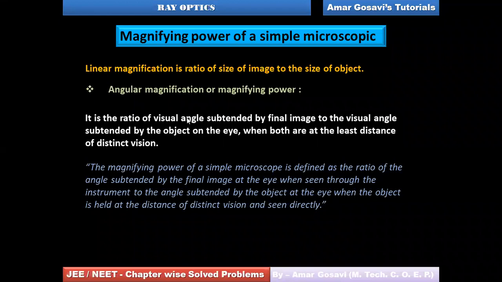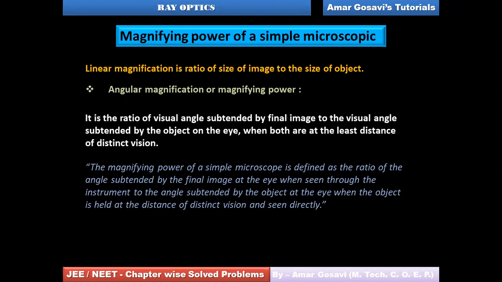Both the final image as well as the object subtend some angle at the eye, and we take the ratio of these angles to get the angular magnification or magnifying power.